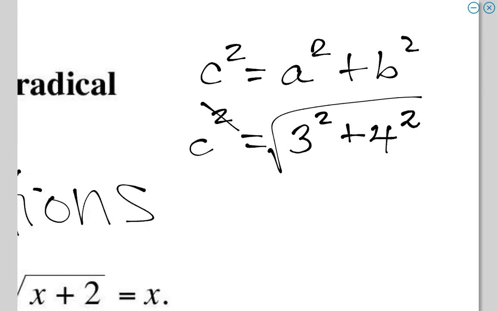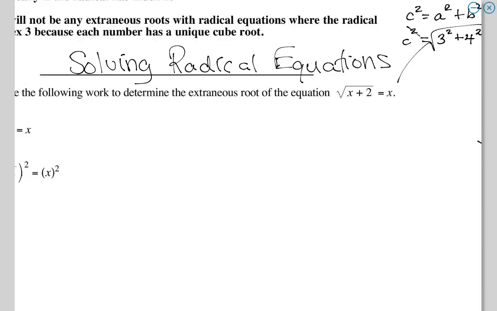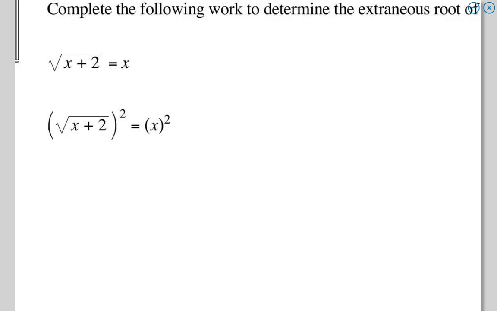Just like up here, what's the opposite of squaring? Square rooting. Well, what's the opposite of square rooting? Squaring. And they got you started here. So they square both sides. All right.